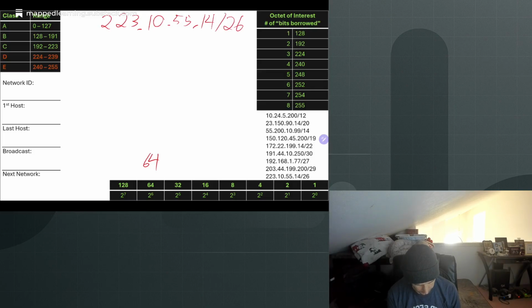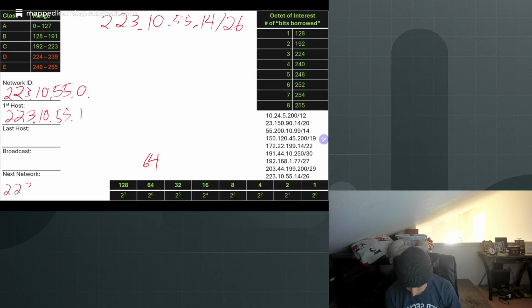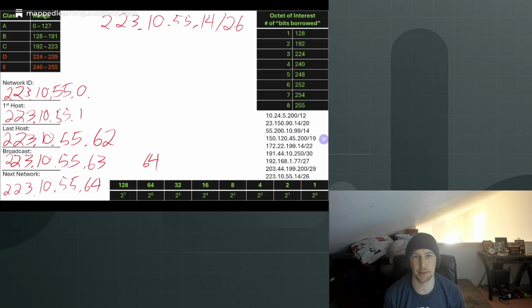So last octet is between 0 and 64. 223.10.55, and this happens to be part of the 0 network. 223.10.55.0. First host 223.10.55.1. Next network 223.10.55.64. Broadcast 223.10.55.63. Last host 223.10.55.62.